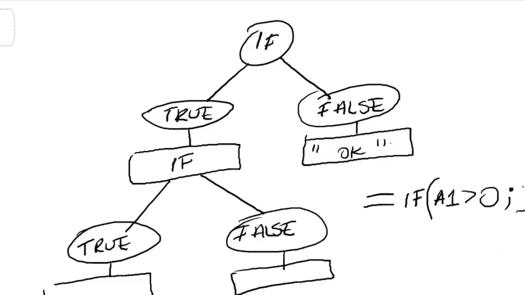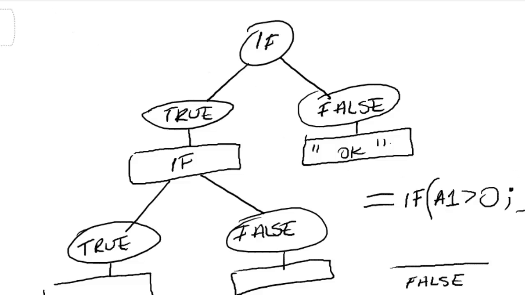Okay? What is going to happen if A1 is greater than 0? Okay? After the semicolon, you will have the false condition. What happens if the condition is not applied? Okay?